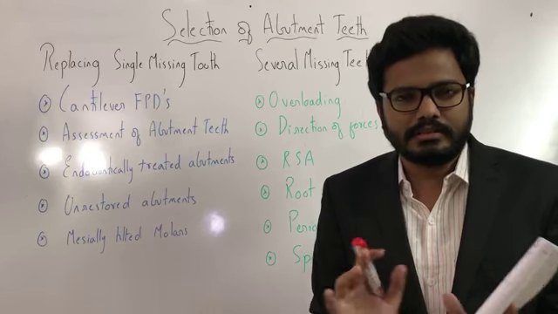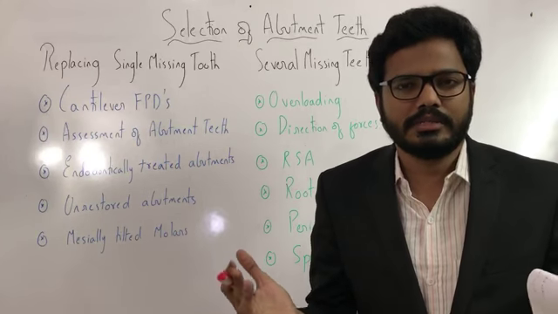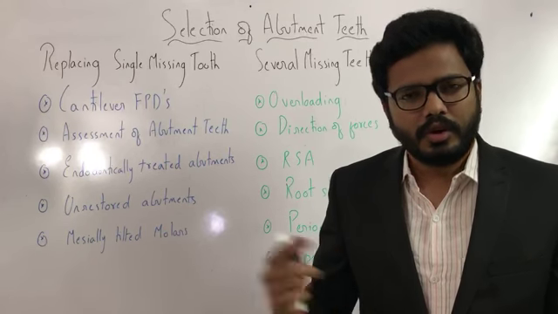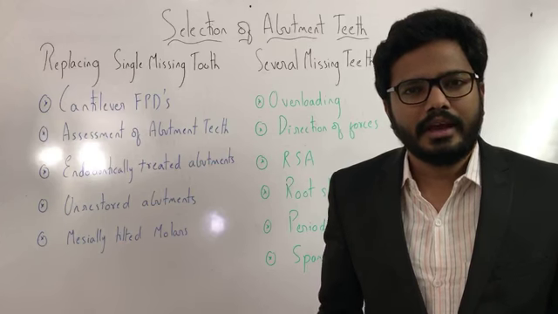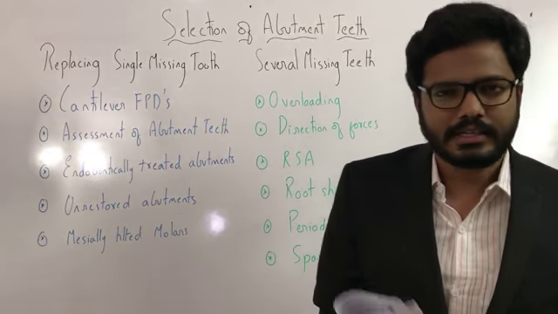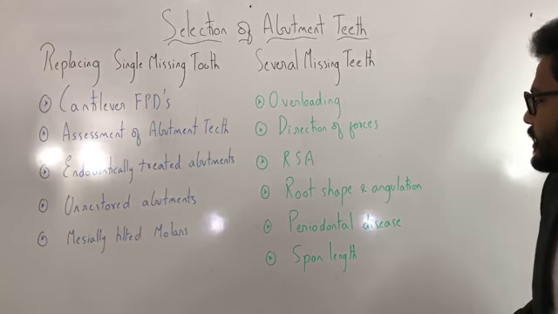So once the health of the periodontium is maintained, it is mentioned that even if you don't follow Ante's law, which is not possible in all cases, there can be a good long-term prognosis for the prostheses. And we also had a discussion pertaining to that previously in the last session.